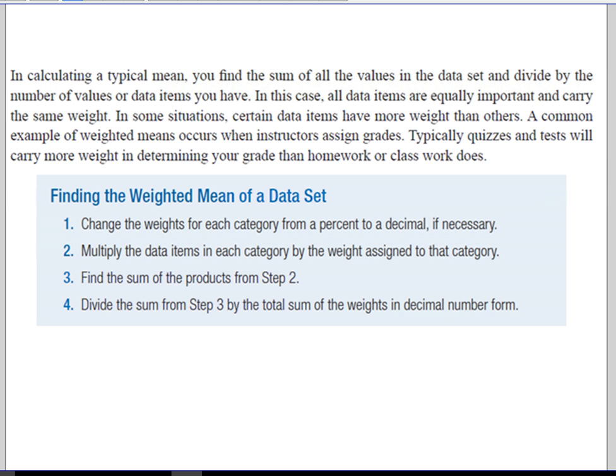So in order to find what's called a weighted mean, you need to change the weights for each category from a percent to a decimal, multiply the data item in that category by the percents, and then add up those answers together. And then it says divide the sum from step 3 by the total sum of the weights in decimal form. Well, if they add up to 100%, you're dividing by 1 because 100% in decimal is 1.